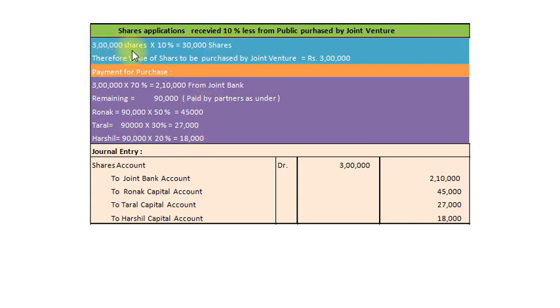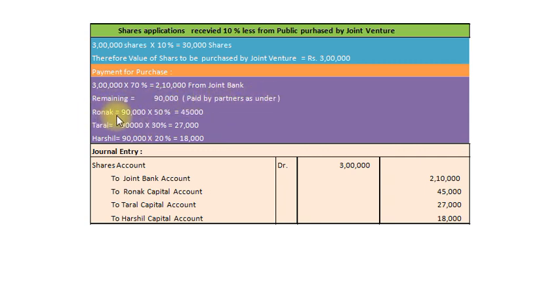Total number of shares to be purchased is 3 lakh shares into 10%, that is 30,000 shares, and the value of shares to be purchased by the joint venture would be 30,000 shares multiplied by face value per share rupees 10, which amounts to 3 lakh rupees. Payment for purchase was made: 3 lakh into 70%, that is 2,10,000, from joint bank account, and the remaining amount 90,000 paid by co-venturers.